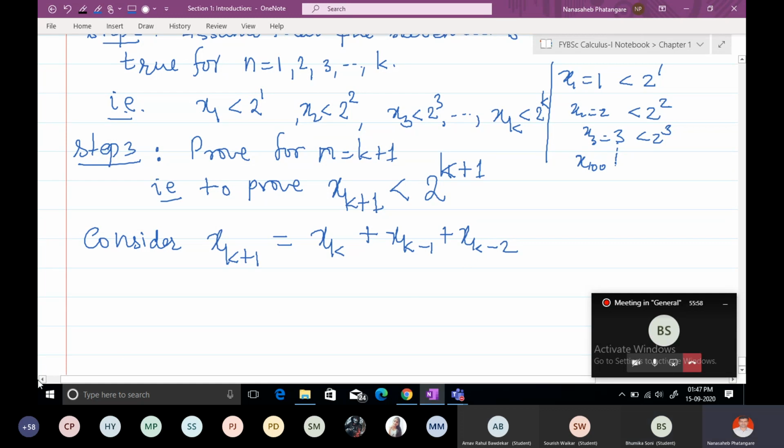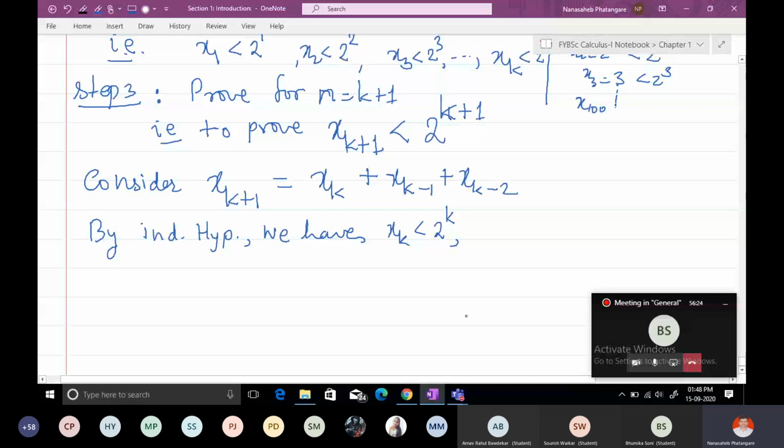But by induction hypothesis, we are assuming that xk is less than 2 raised to k. Am I right? Yes, sir. What about xk minus 1? Can I say that it is less than 2 raised to k minus 1?